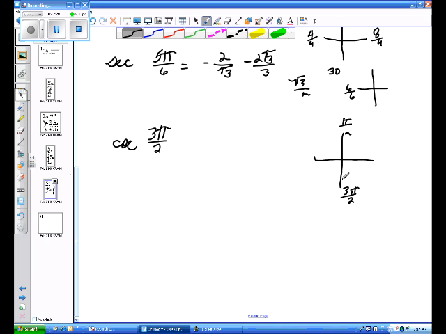So we're at 270. The cosecant's the reciprocal of sine. What we memorized was up here at 90. The sine of 90 was 1. So the sine of 270 would be negative 1. And 1 and negative 1 are their own reciprocals. So this would simply be negative 1.